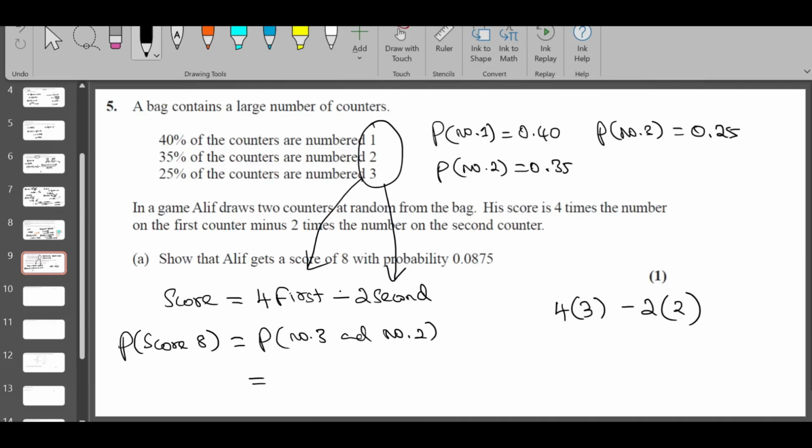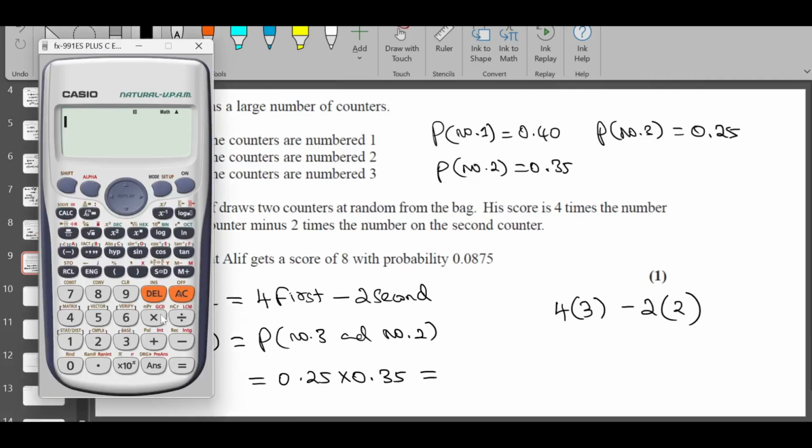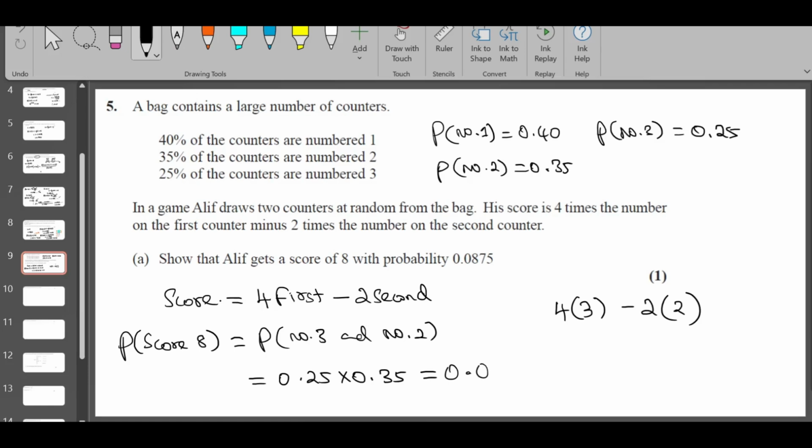Number 3, the probability is 0.25. Number 2 is 0.35. Calculate this: 0.25 times 0.35 is 0.0875. That's what they want us to prove. That's all.